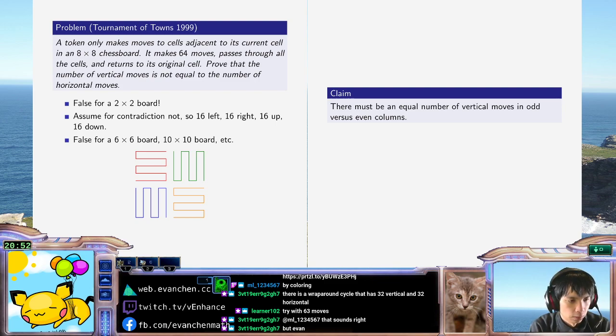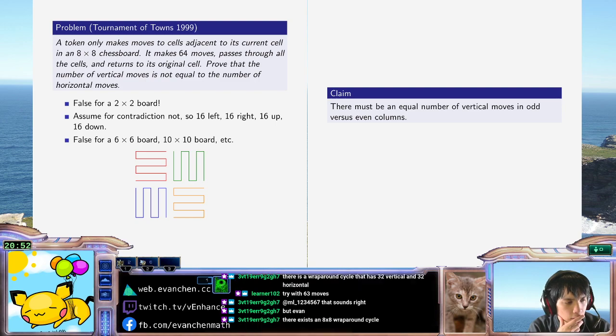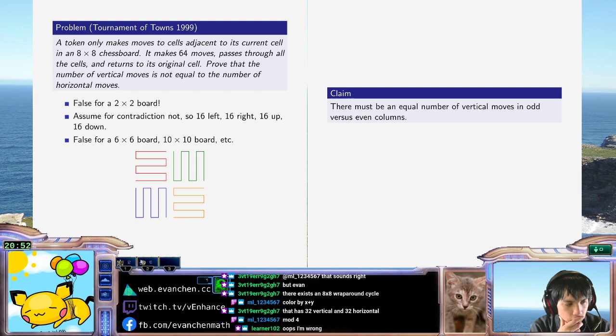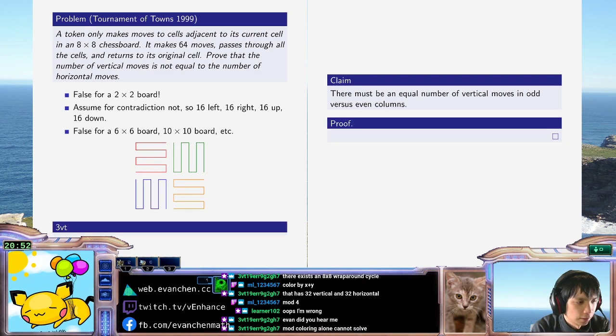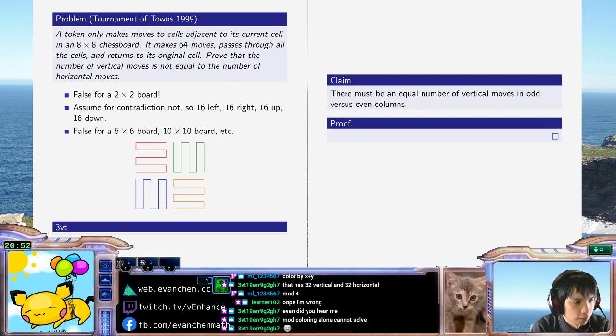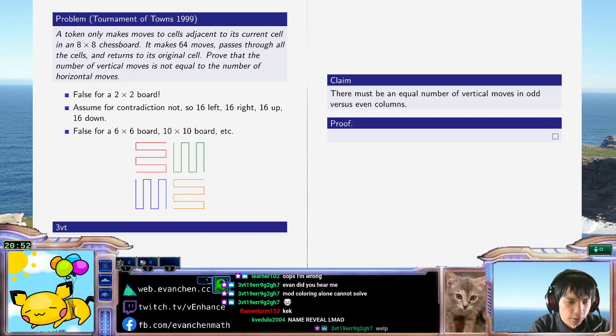What's your proposed coloring? Oh, okay, that's a good thing to know. On the other hand, from 3VT, there is a valid solution for Z mod 8. So if you make the board into a torus, it's also true.